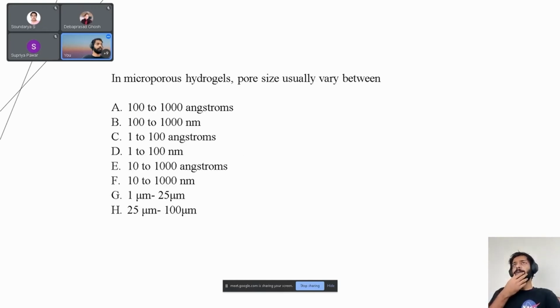In microporous hydrogels, pore size usually varies between: 100 to 1000 angstroms, 100 to 1000 nanometers, 1 to 100 angstroms, 1 to 100 nanometers, 10 to 1000 angstroms, or 10 to 1000 nanometers.